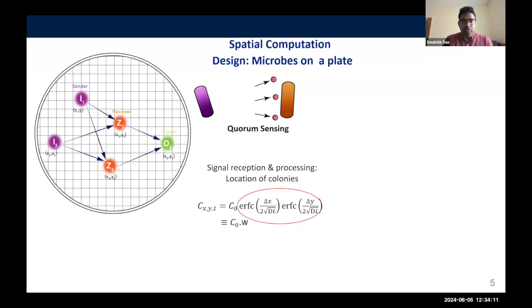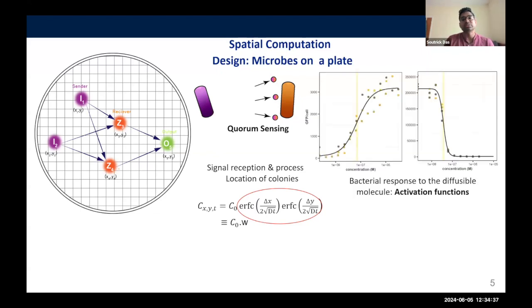The concentration reaching the receiver colony can be tracked by an approximate solution of the Fick's equation of diffusion, where the first term becomes the input and the final term becomes the weight, comparable to a neural network. The activation function is the bacterial response to the diffusing molecule, so it is embedded in the bacterial population itself.